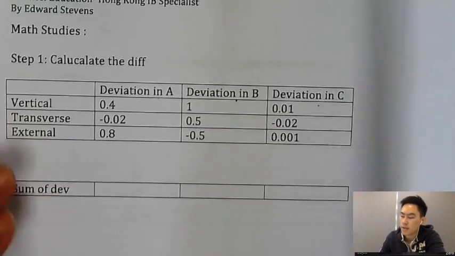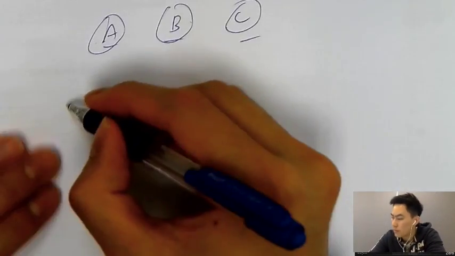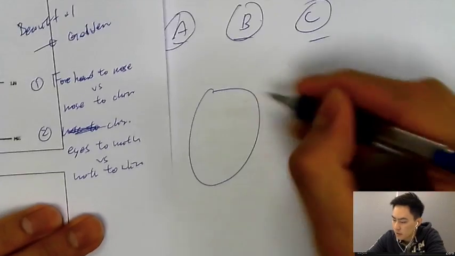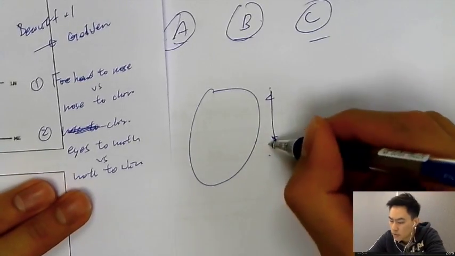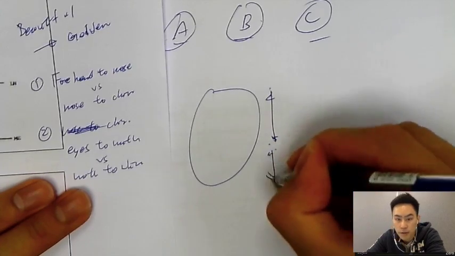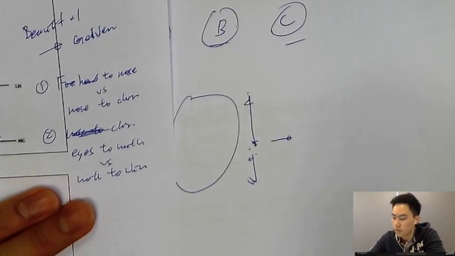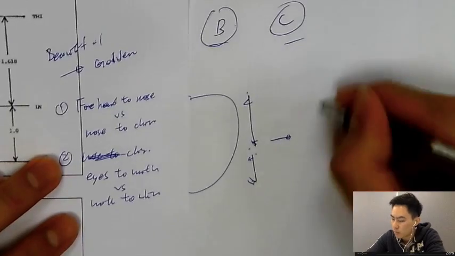Let's say after we do the measurement, for the vertical, you measure the distance between the forehead and the nose to the chin. But after you get the value, it is actually different from 1.618.